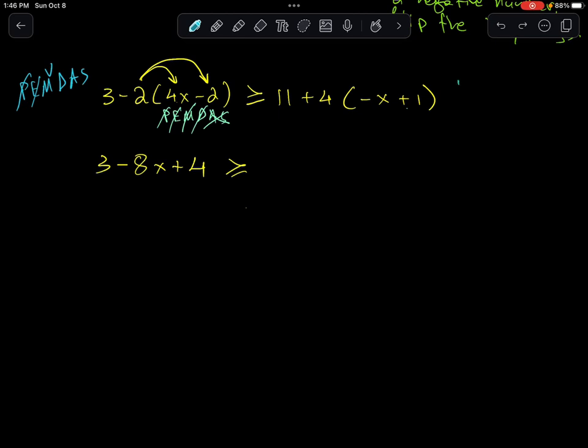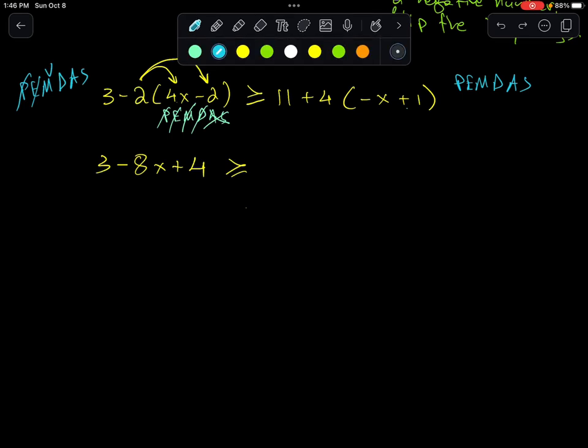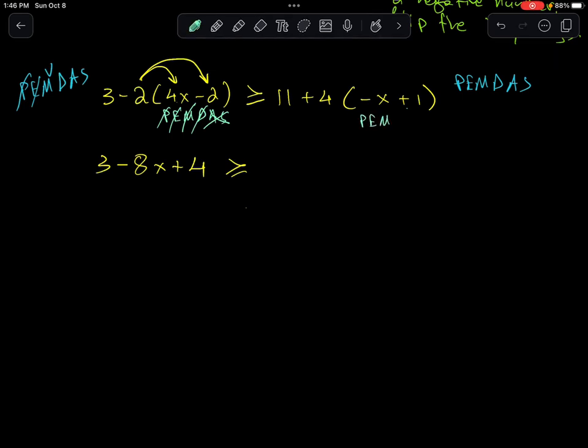So let's write PEMDAS here. That will govern the right hand side. Parentheses. I do have parentheses here, so I'm going to go inside this parenthesis and I will apply another little PEMDAS. Do I have a parenthesis inside the parenthesis? No. Exponent? No. Multiplication? No. Division? No. Addition, subtraction?